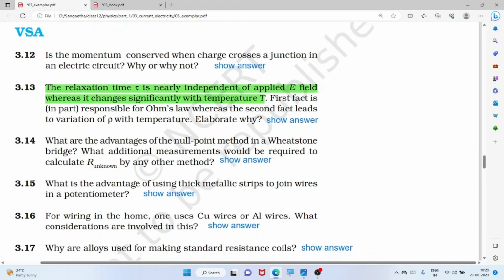Is momentum conserved when charge crosses a junction in an electric circuit? I will not show the answer.